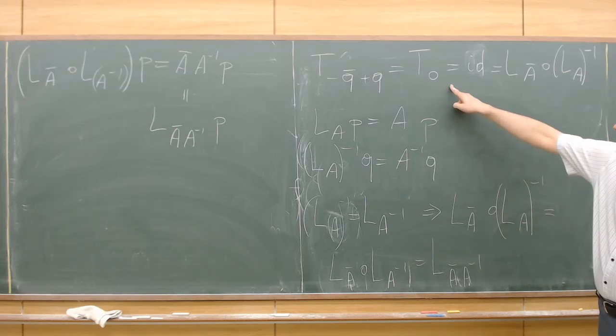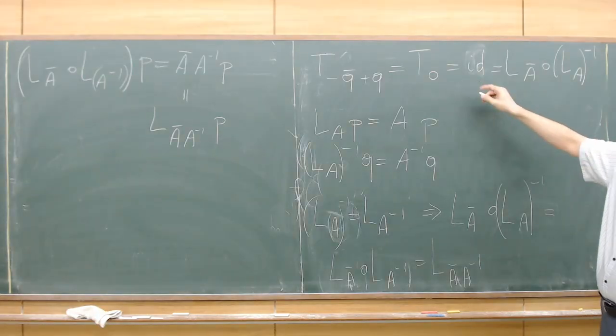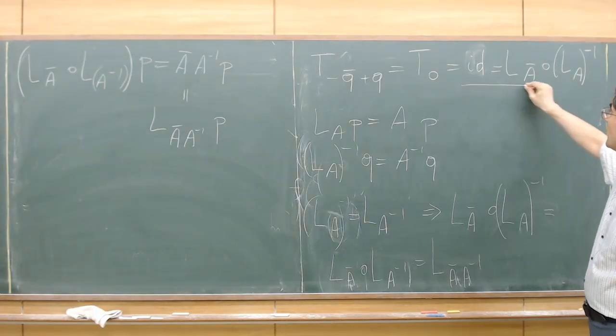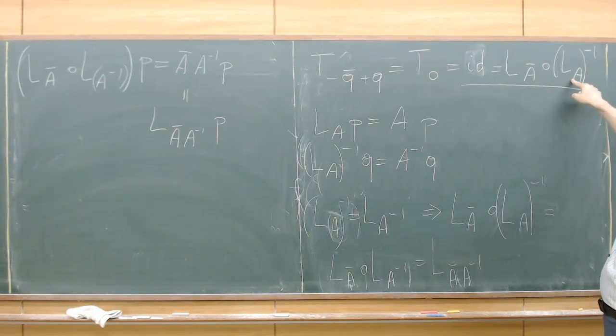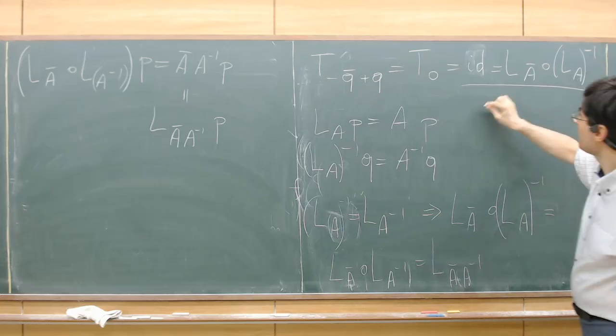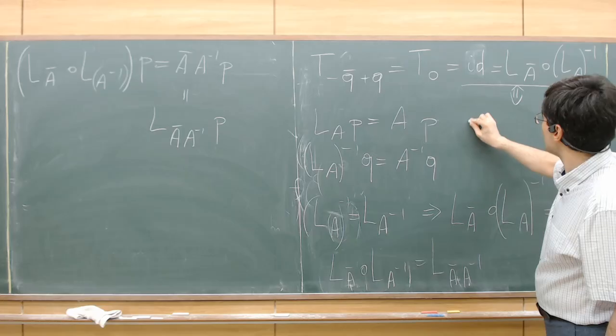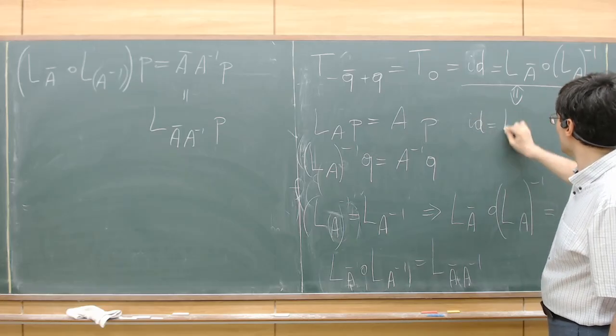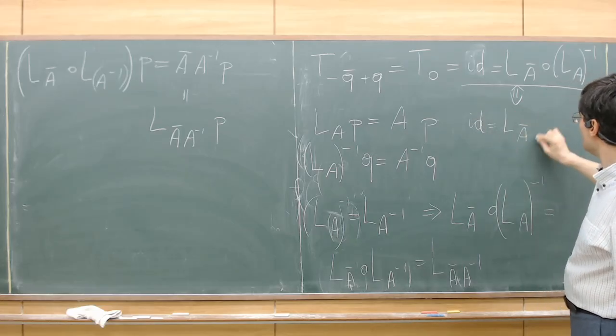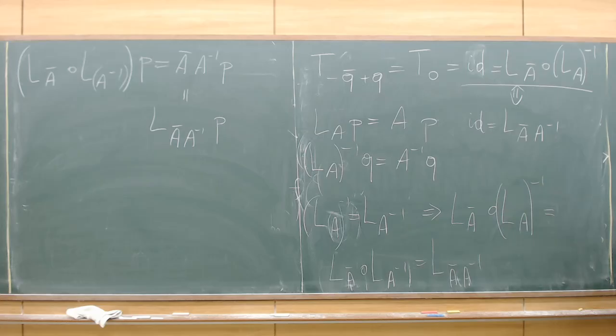So we started from here. Identity equal to LA bar composed with LA inverse. This is equivalent to identity equal to L A bar A inverse.